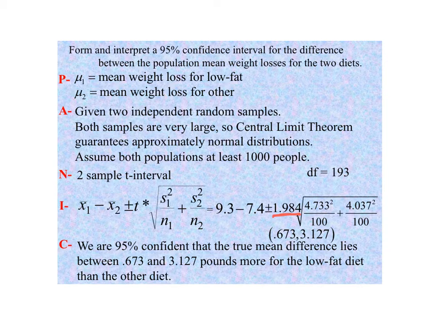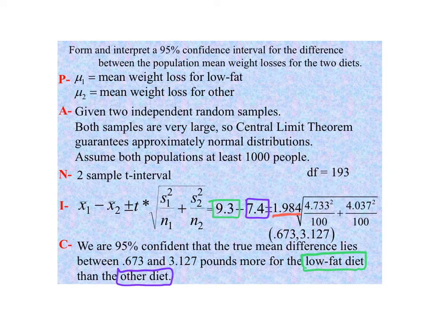How do I know which one it's referring to? Well, what was the average weight loss for the low-fat diet? It was 9.3, right? What was the average weight loss for the other diet? 7.4.